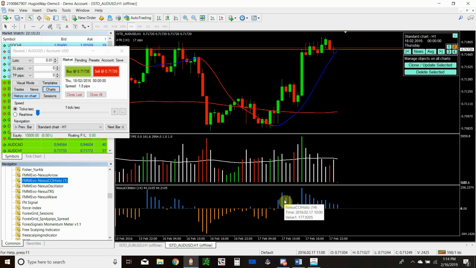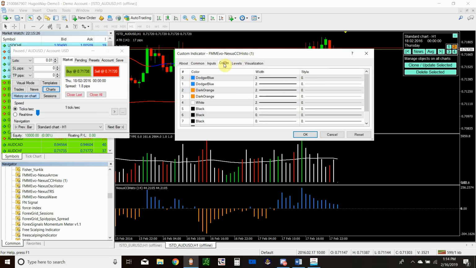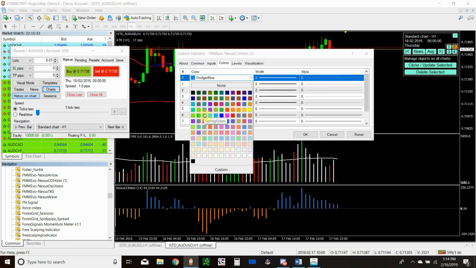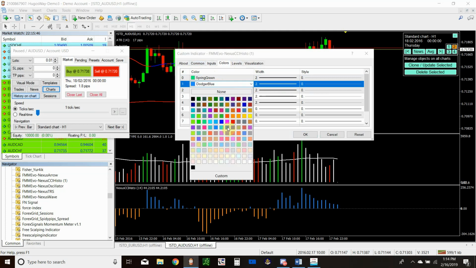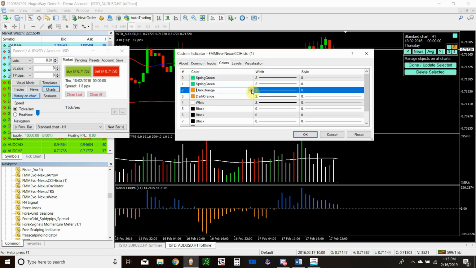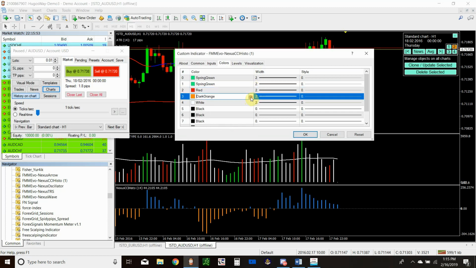As you can see, the colors are blue and orange with this. I'm going to change them to green and red so that they kind of match our volume indicator. I'm not sure what green that is. I guess we'll do spring green and see what that does. Change that to spring green, and change this to red here, and red right here.